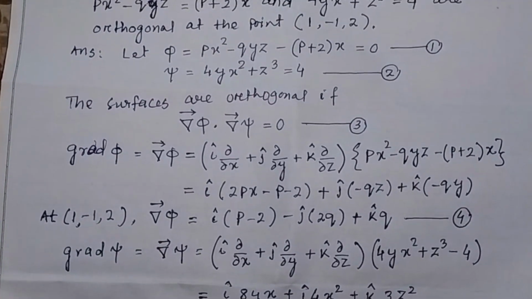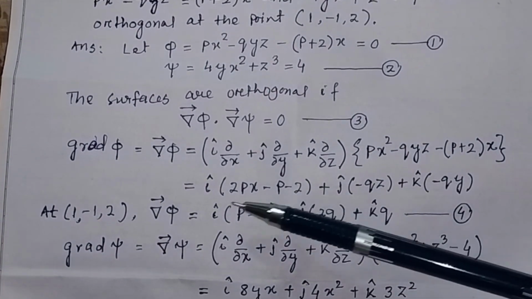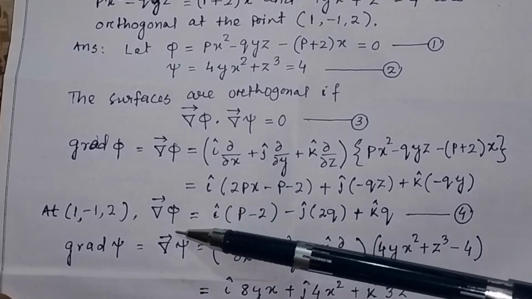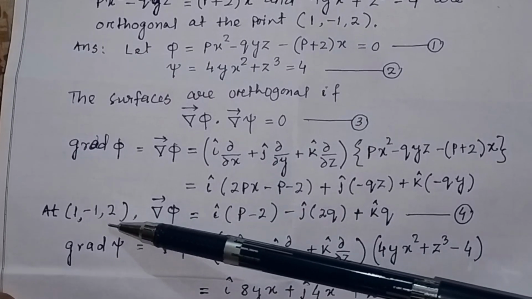we will find the gradient of phi at the given point (1, −1, 2).